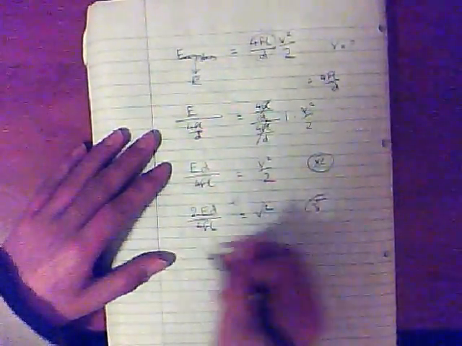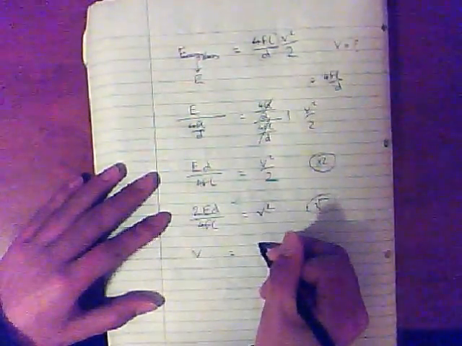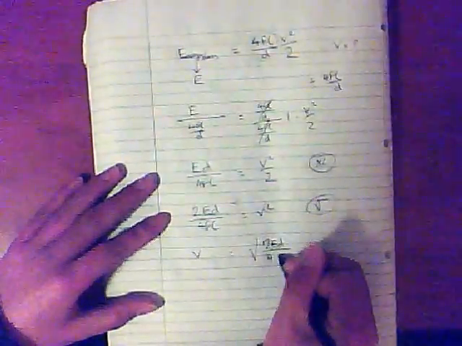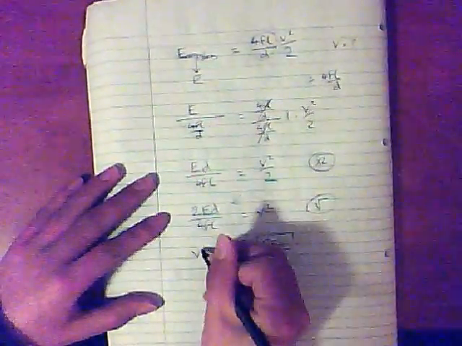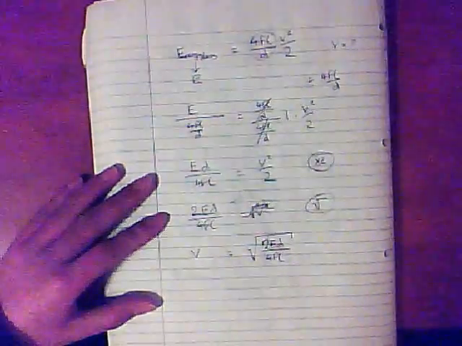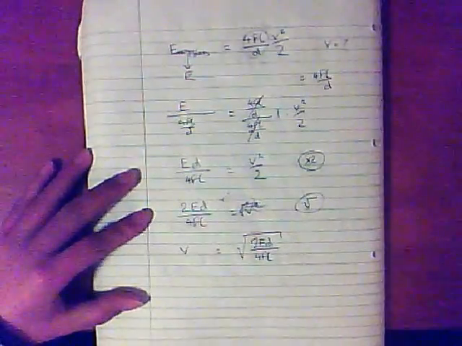So now just swap over, V equals the square root of 2ED over 4FL. Yeah, because if I square rooted that, the root and square would just cancel out. So that's it. I hope you know how to rearrange equations now.